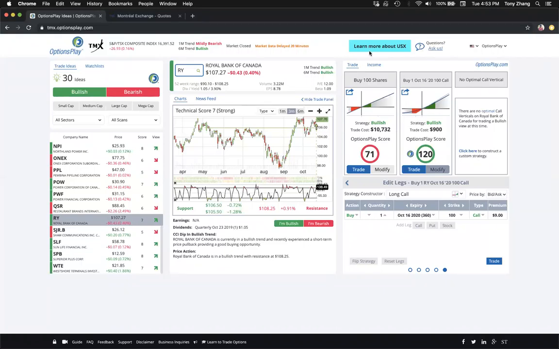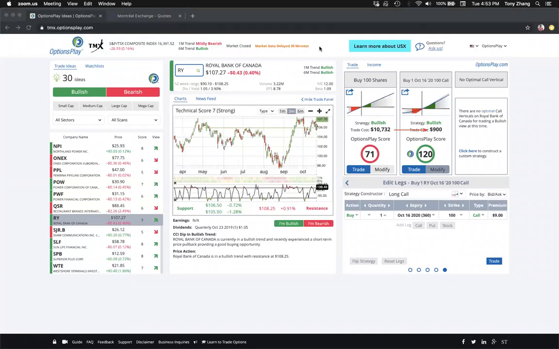So again, this is less than 10% of the cost to buy 100 shares. And my break-even price on the stock is 100 plus $9, which is 109, only about $1.70 from the current price. So this stock only has to rally about $1.70 before this strategy becomes profitable at expiration.